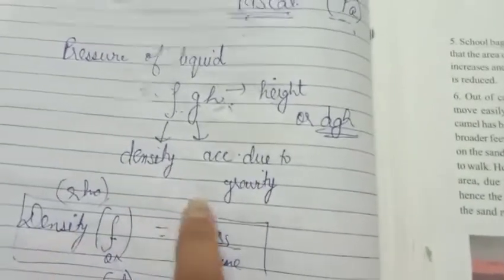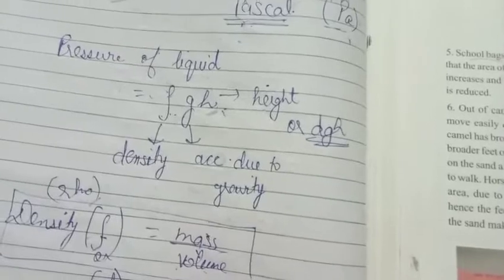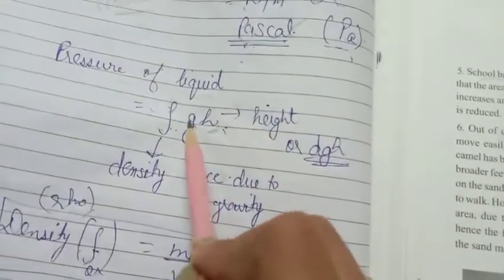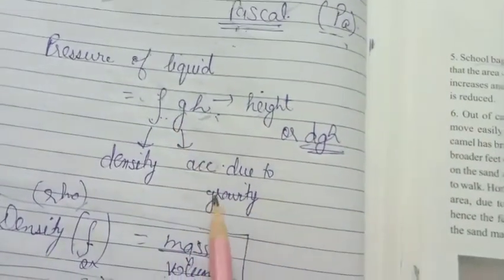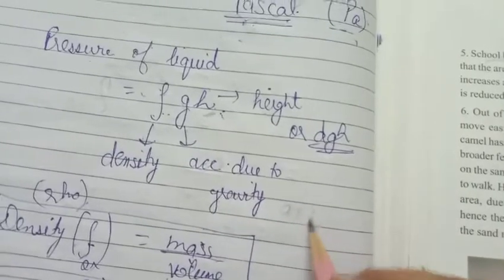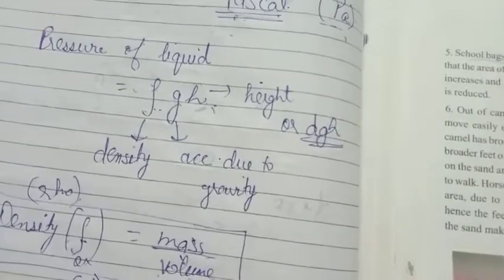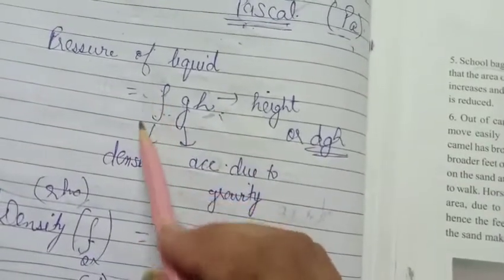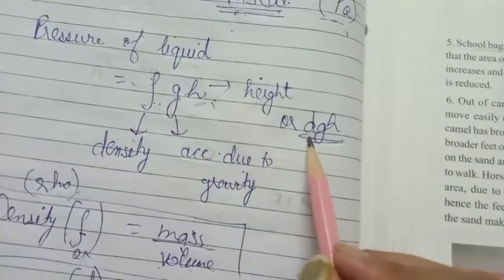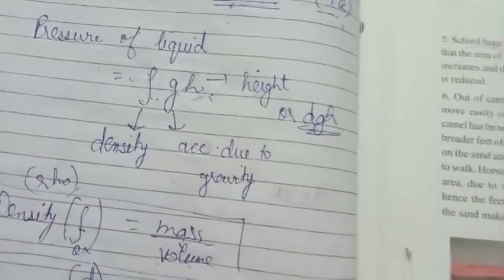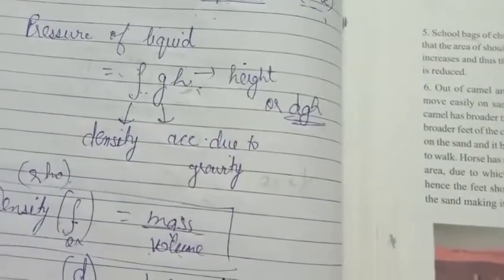So density is mass upon volume, how much mass it has divided by volume. So density into acceleration due to gravity, you know acceleration due to gravity, that is 9.8 meter per second square. And height means which height you have. So you can write density with rho or with d, dgh or rho gh, meaning is the same.